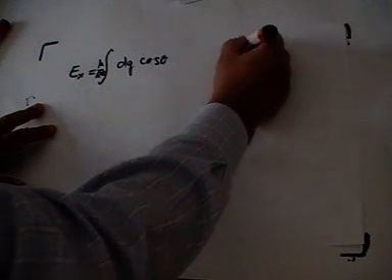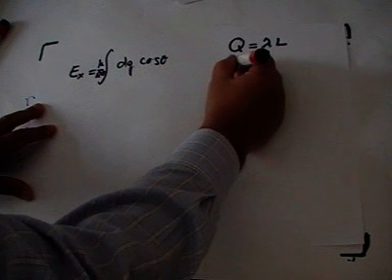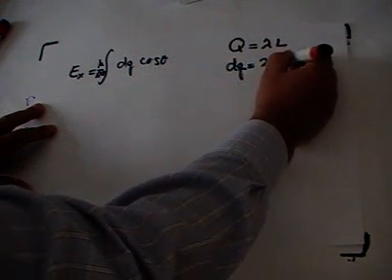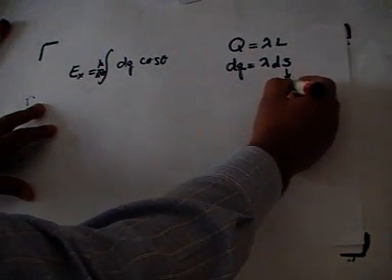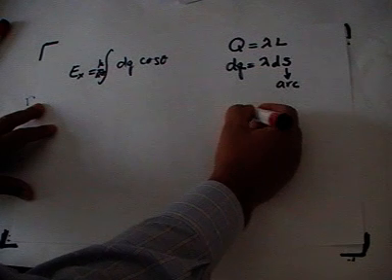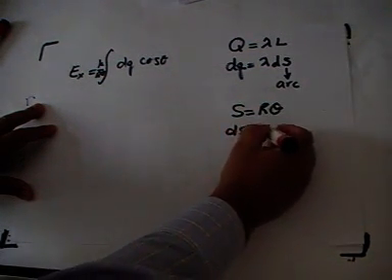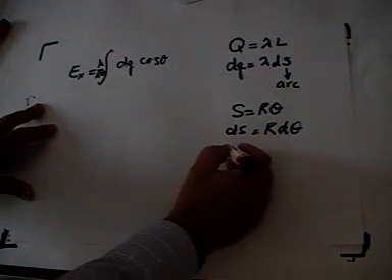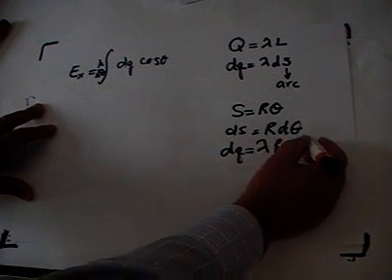Remember, q for a wire is equal to lambda times L. dq, an infinitesimal part of that, is simply lambda ds, in this case. s is the arc, and the arc s is defined as r theta. So my ds will be r d theta, because r is constant. Therefore my dq will be equal to lambda r d theta.